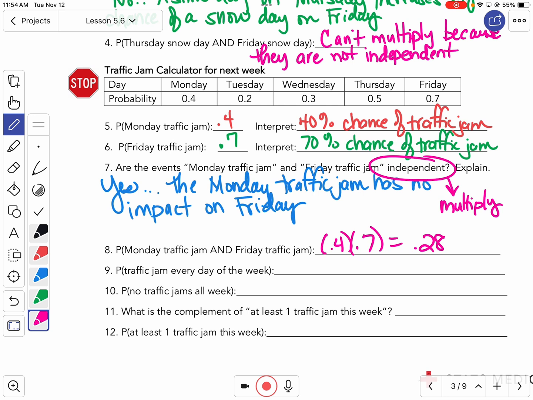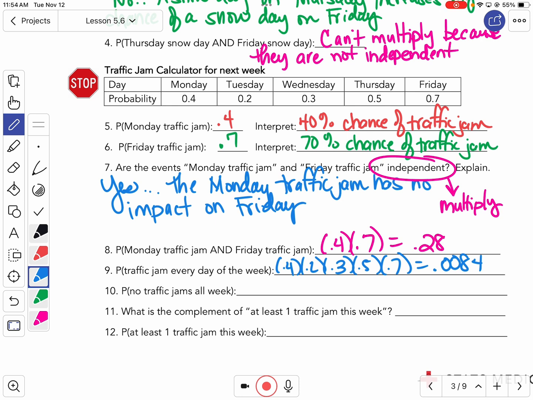Multiply them all. Okay, they're all independent, so we would just multiply them all. 0.4, 0.2, 0.3, 0.5, and 0.7. I think you get 0.0084, okay, when you multiply them all together.